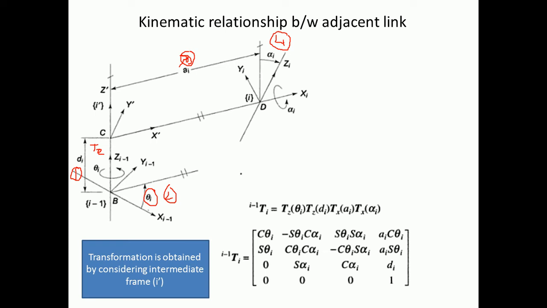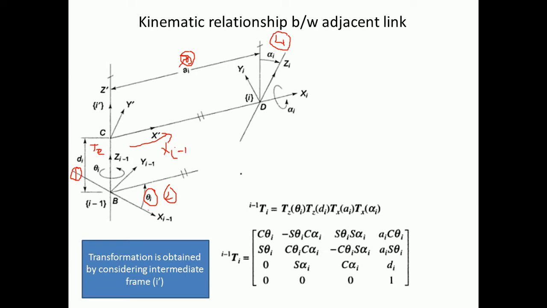When the x_{i-1} frame reaches origin C, we have to rotate about the red axis in such a manner that the x_{i-1} axis becomes parallel to this common normal. When we rotate anti-clockwise about the red axis by 90 degrees, the x_{i-1} line becomes parallel with the x line, or common normal.